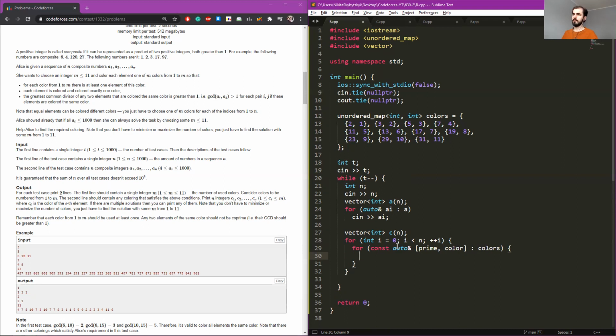If a_i is divisible by prime, we can say c_i equals color. And then we can just always print 11, right? Yeah, yeah.